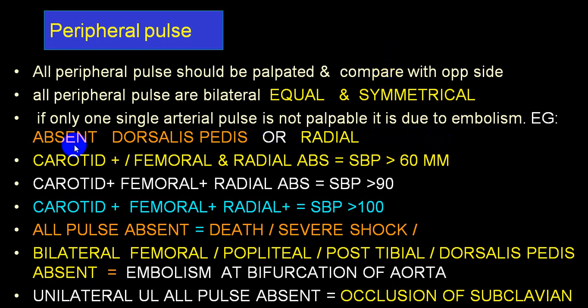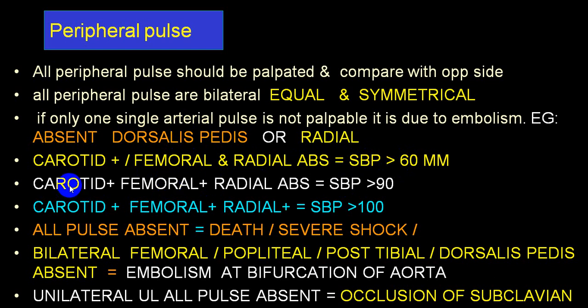Now, if a person has a fall in systolic blood pressure, if the carotid artery is palpable, and if the femoral artery is palpable, the pressure will be more than 70. But if radial is absent, and femoral is also not palpable, roughly we say that the systolic blood pressure is less than 70 but more than 60.